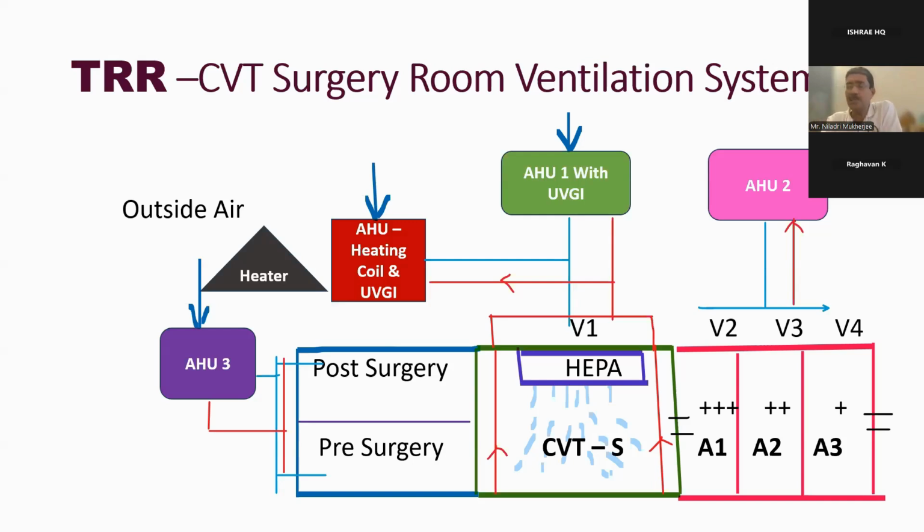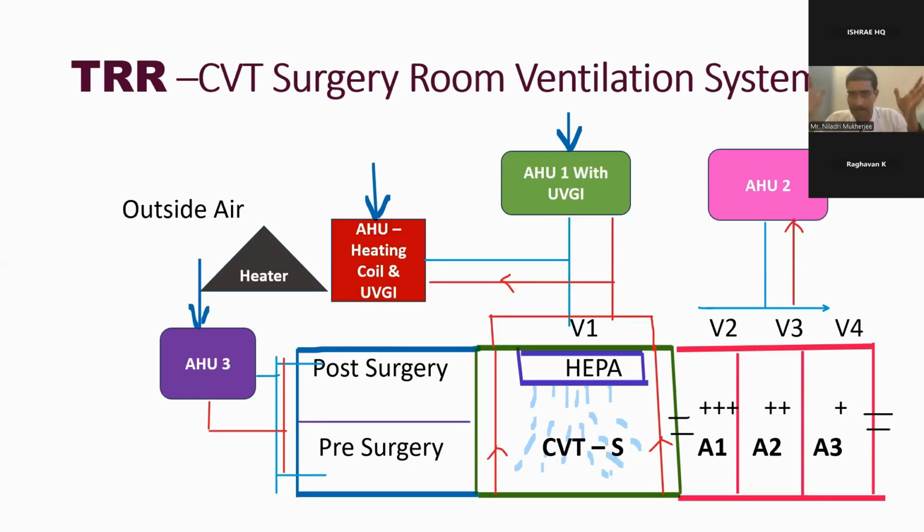When the surgery is over, after half an hour or 40 minutes, the entire artificial system will be withdrawn and stitching will start. By that time, the inner temperature, the invasive temperature, will rise. So to increase that, HU1 will stop.